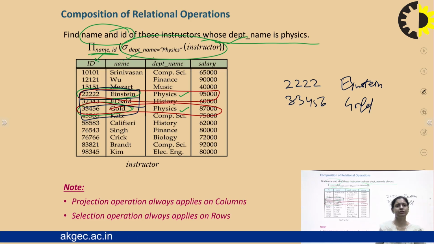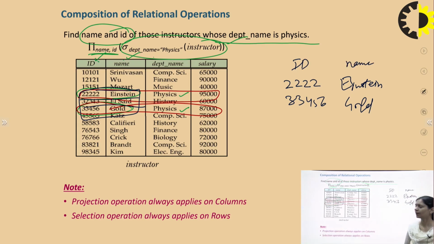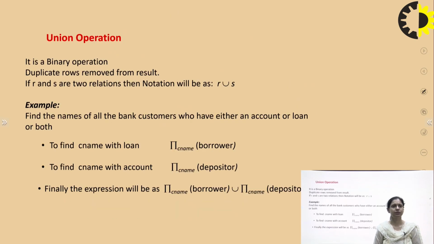So only these two things will be displayed, obviously with the heading ID and name. So we have a very important note that the project operation always applies on the column and the selection operation always applies on the rows.